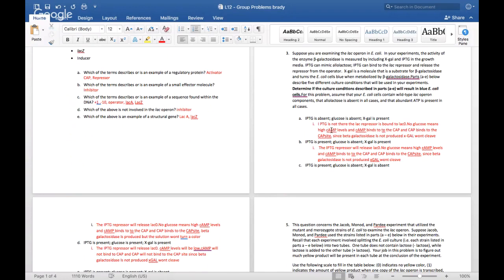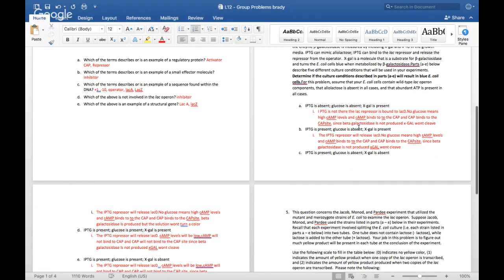No glucose means there's high cAMP levels, and the cAMP binds to CAP, and CAP binds to the CAP site. And this beta-galactosidase is produced, and X-gal will cleave, so you will have your color, if I am saying that correctly.